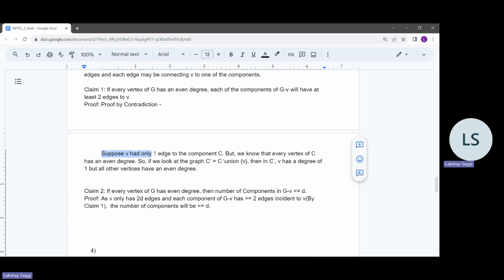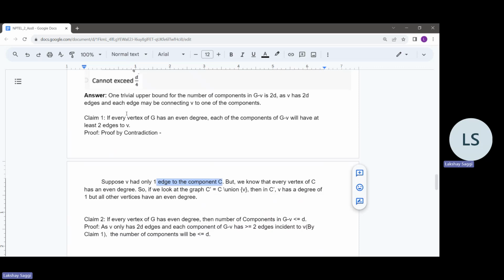So I hope this statement is clear to everyone that every vertex of C had an even degree and we only had one edge to the component C. We assume this for proof by contradiction, right? So now if we look at the graph C prime, which is C union V, in this C prime graph, we will have a degree of 1 because we had only one edge to the component C, but all other vertices will have an even degree because every vertex of G had an even degree, right?